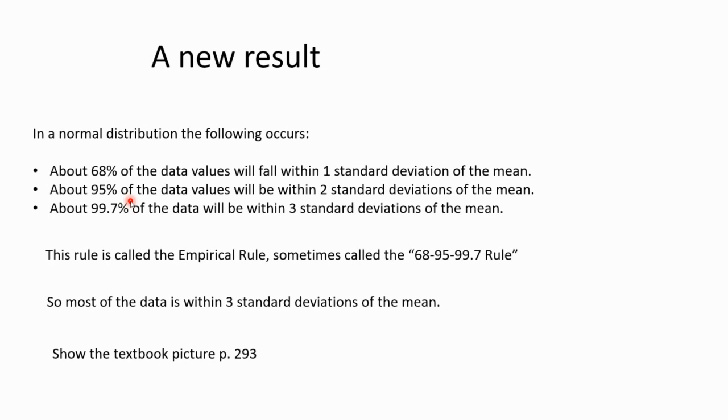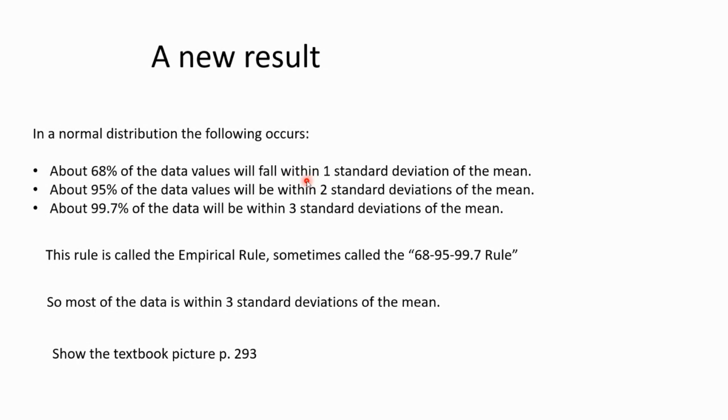If you add and subtract two standard deviations from the mean, you'll obtain about 95% of the data values. And if you add and subtract three standard deviations from the mean, you'll have about 99.7% of the data.